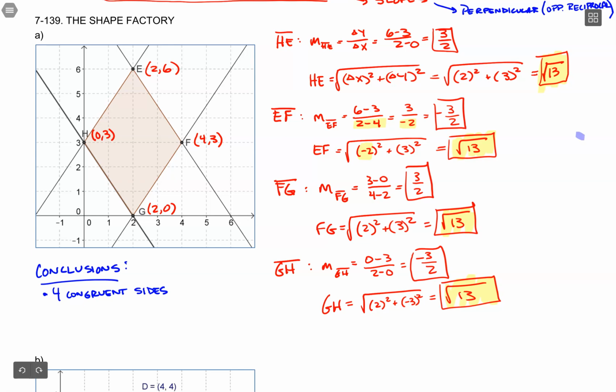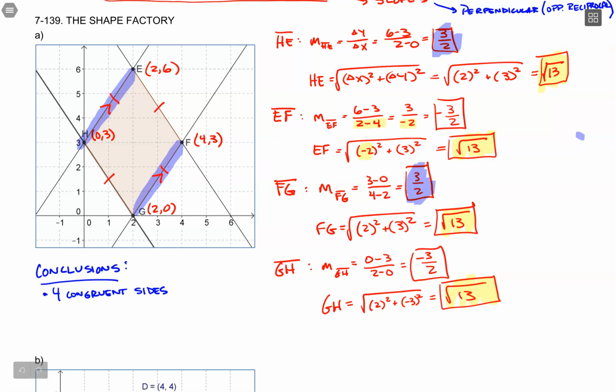Now let's take a look at some slopes here. I've got this slope here of 3/2 and 3/2, and if I look at HE and I look at GF, those are opposite sides that have the same slope. That means they are parallel. Actually, there's another mark I should add to the figure. I should add the congruent marks because I've already shown that all sides are congruent.